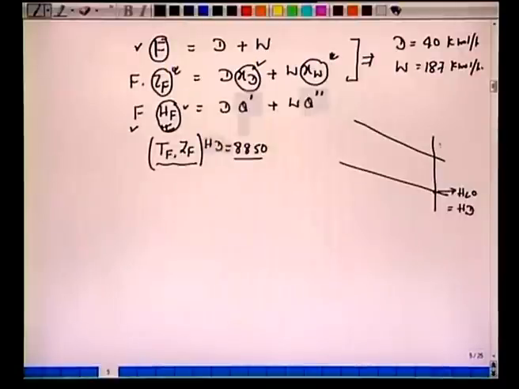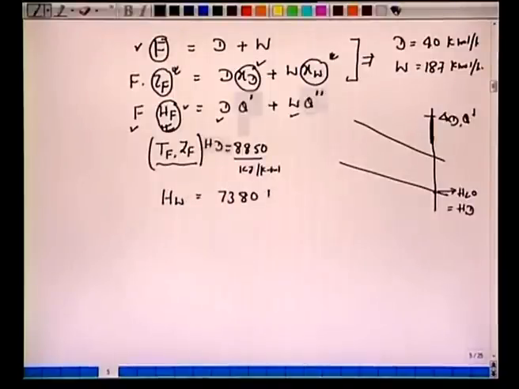And from this we mark this point as Q dash, or WXT, or this Q dash. So 8850 kilojoule per kilomole. It's reflux at the bubble point, so we mark this point here. Okay. So knowing D, W, XW, one can calculate HW. HW, if you do this calculation, you should get 7380 kilojoule per kilomole.